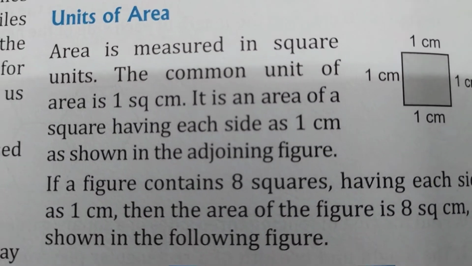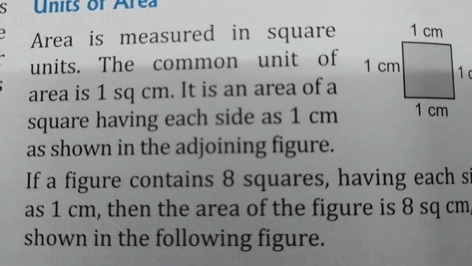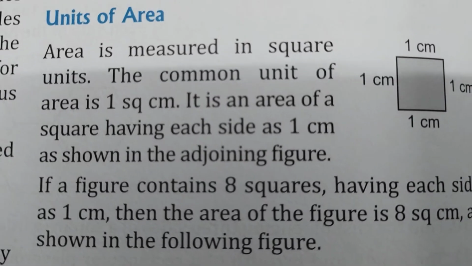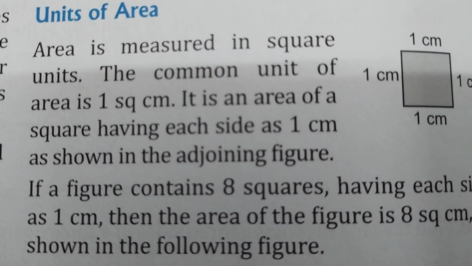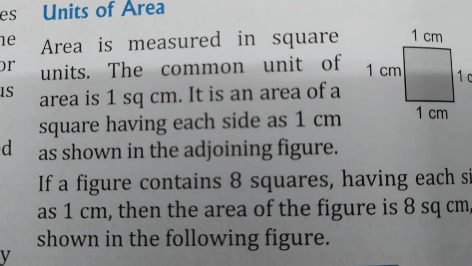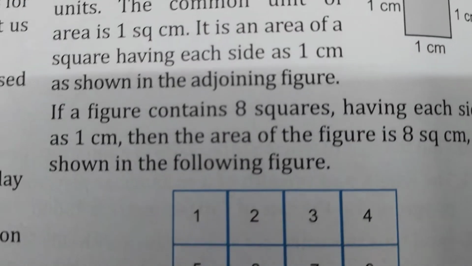It is the area of a square having each side 1 centimeter, as shown in the adjoining figure. If a figure contains 8 squares, each with side 1 centimeter, then the area of the figure is 8 square centimeters, as shown in the diagram.